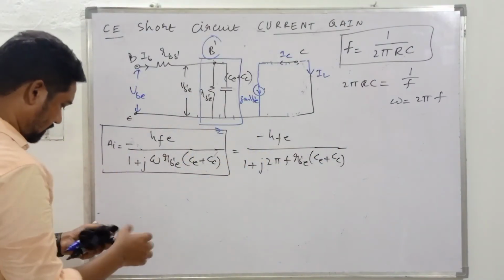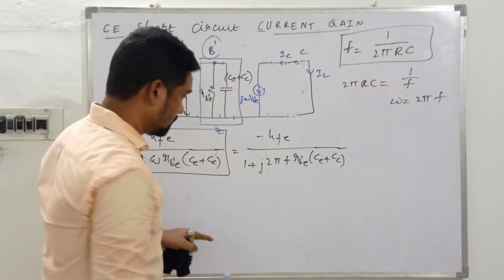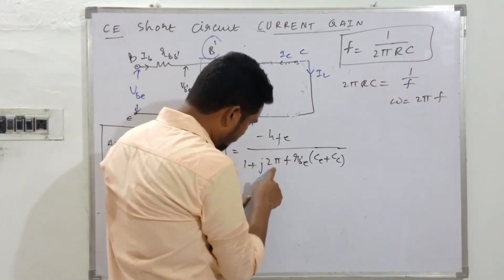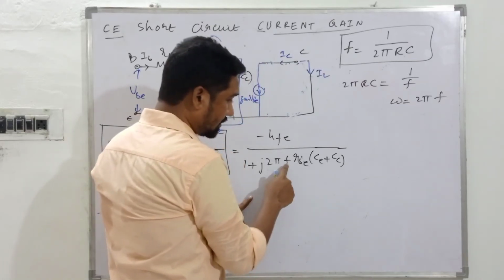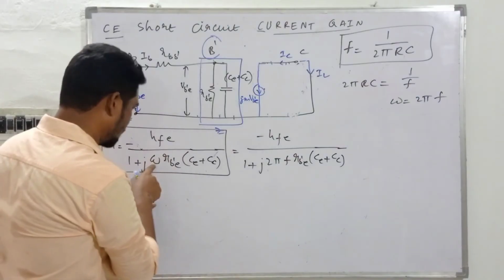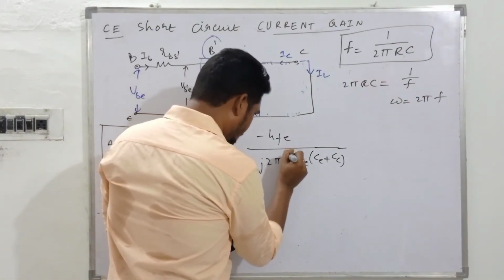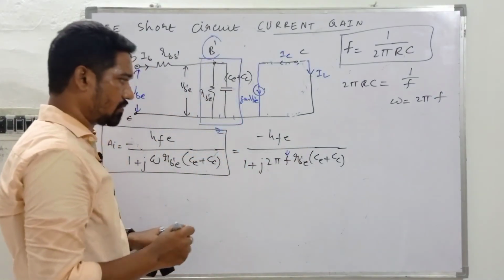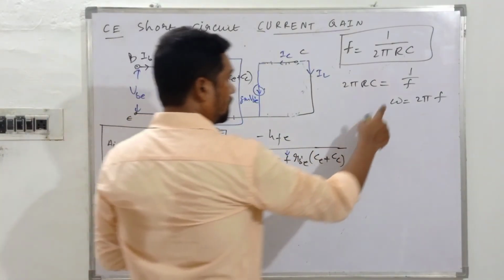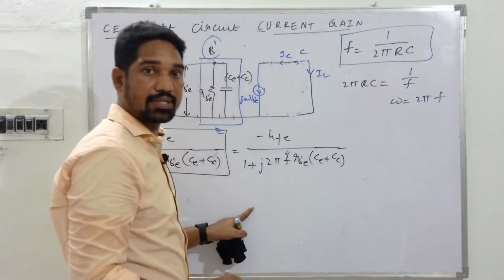Okay, so guys, watch carefully. Other than this frequency, we have another frequency in this expression. Other than this frequency f, which came into the picture with omega equal to 2 pi f, that's okay, we have another frequency over there. See this, come back to this one. f is equal to 1 by 2 pi RC for an RC network.